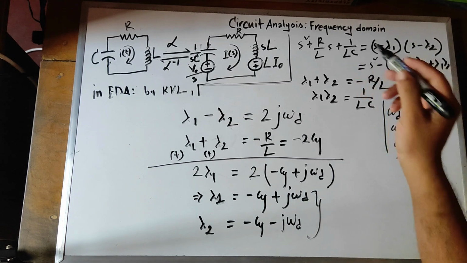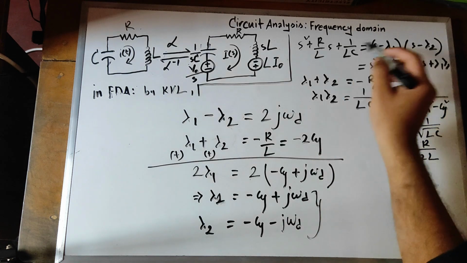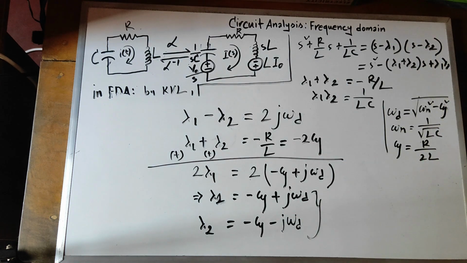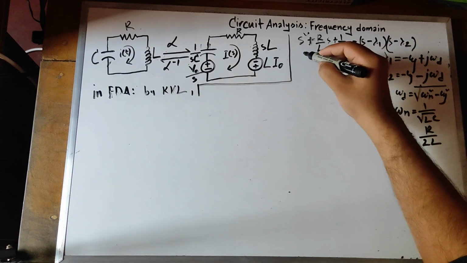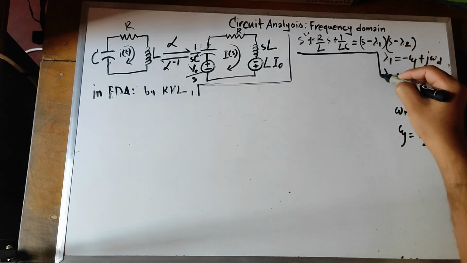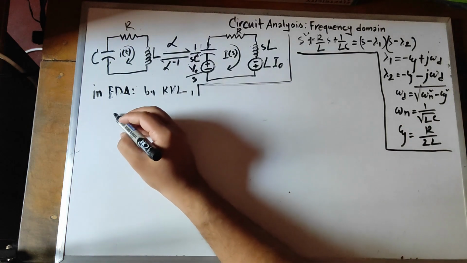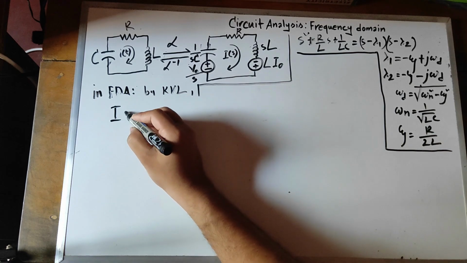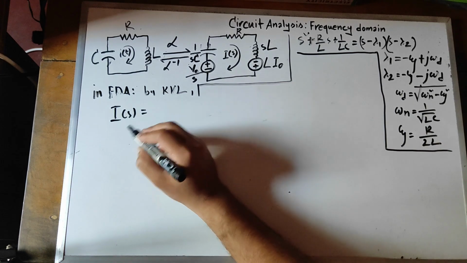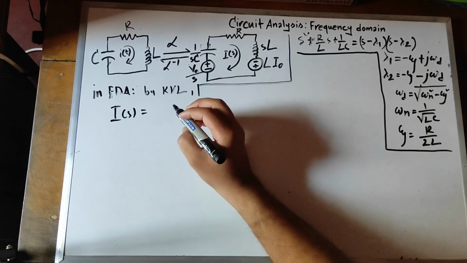We're just gonna use these two roots in the second order term and see what the current looks like. Now the main equation we found by KVL gives the loop current in the circuit.